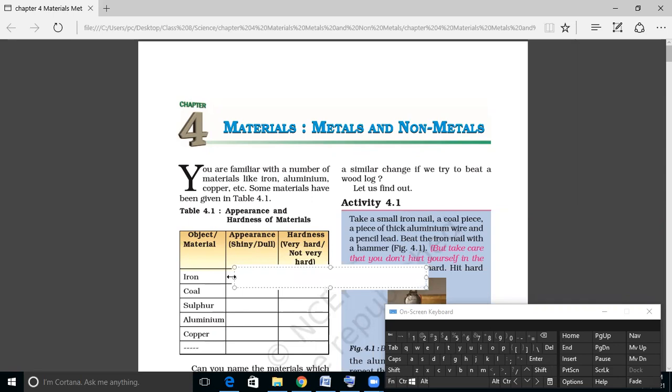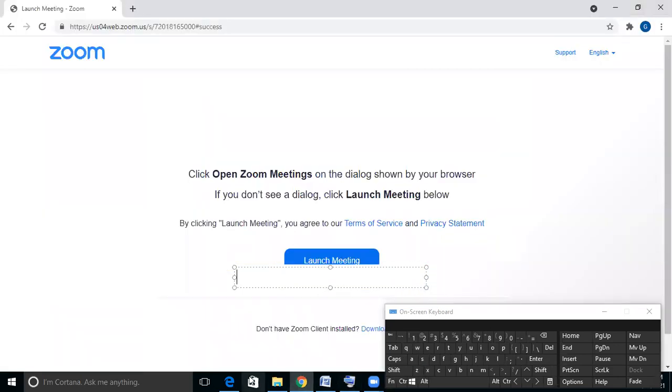So I'll write the appearance of iron. We know iron is shiny in appearance.